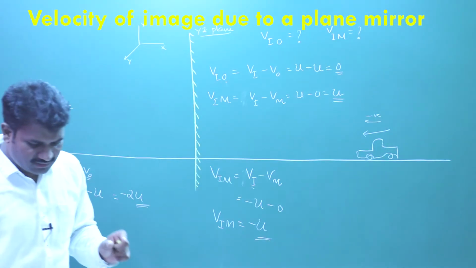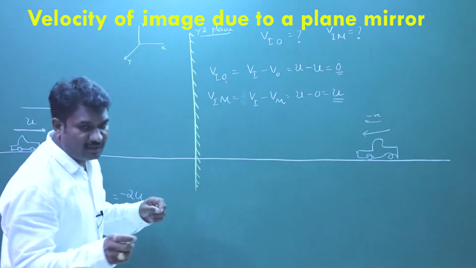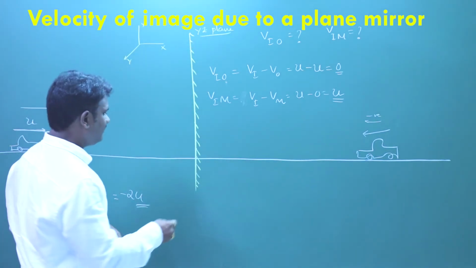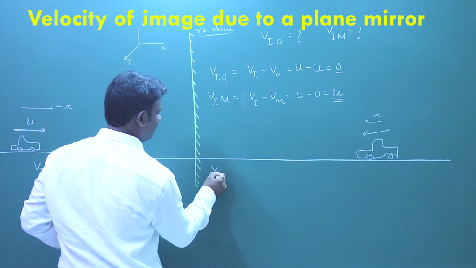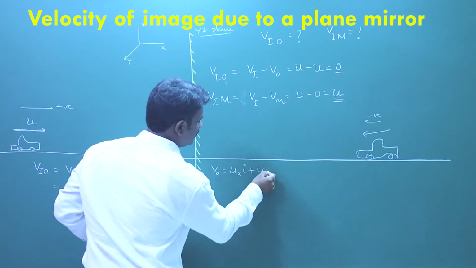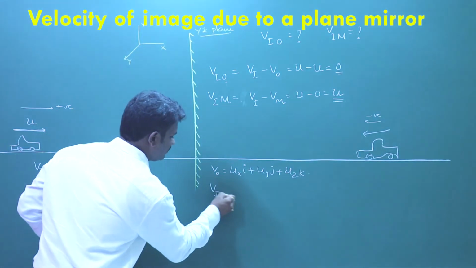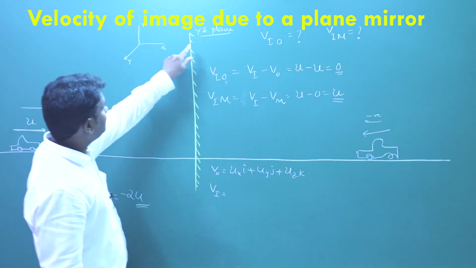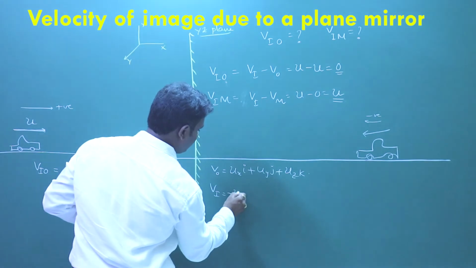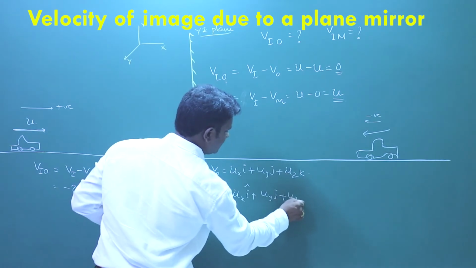Now, if you want to take it in vector form, and the mirror is in the YZ plane, then the velocity of object is u_x i plus u_y j plus u_z k. What is the absolute velocity of the image with respect to the ground? As the object is moving, the y and z components will not change, only x will change. That's why it will be minus u_x i cap plus u_y j plus u_z k.